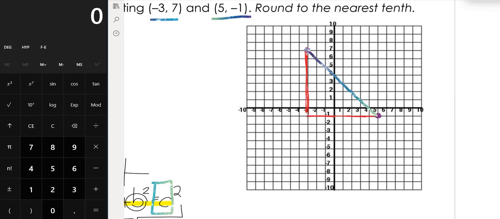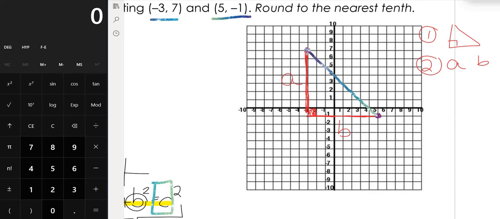And now you'll notice I have a right triangle here. Once I have the right triangle made, my next step is to figure out what is a and what is b. I'm going to count to figure out a and b. It doesn't matter which one you call a and which one you call b. So I'll call a this side and b this bottom side.